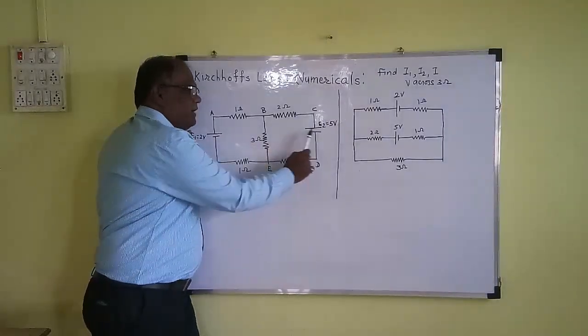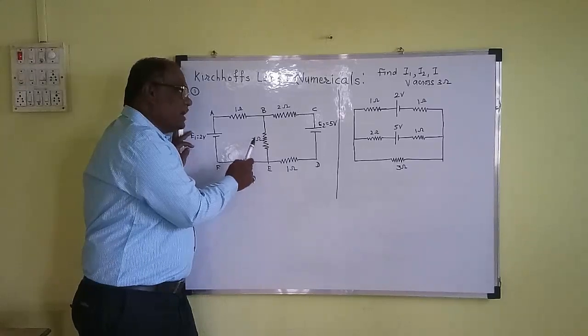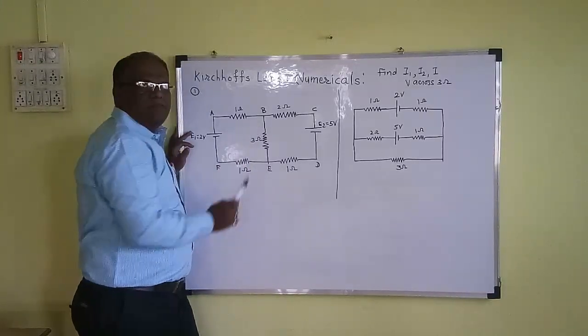That means parallel batteries are connected across the 3 ohm resistance so as to send current in the same direction.